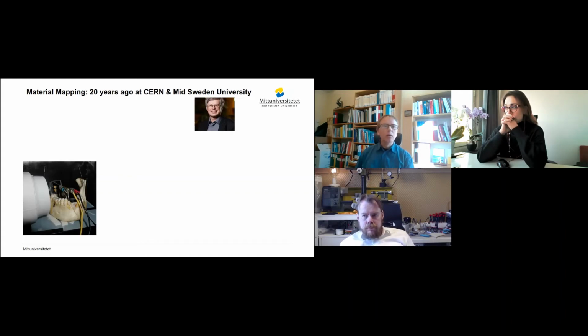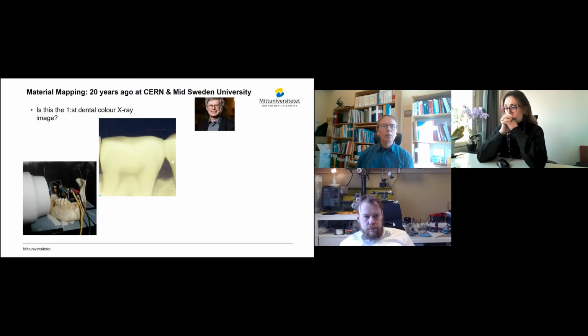I had a patient here when I started my PhD, and I think this is the first color X-ray image for dental purposes. I'm a little careful about saying that, because astronomers have been doing color X-ray images since the last century.